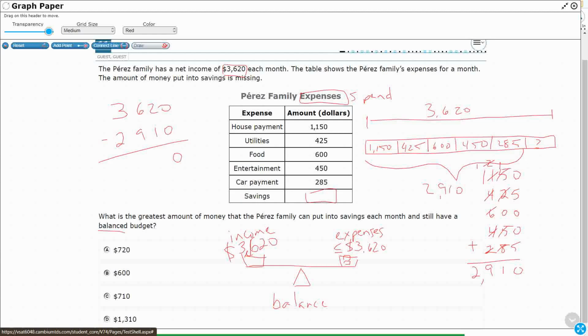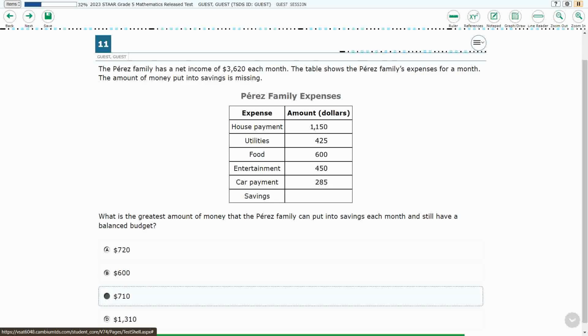And we see here, I need to regroup. So 710, and look how close these are. If I have 720, that's actually going to make my expenditures over my income each month, and that's not what I want. So 710 is going to be my answer, and so we will mark C, $710.